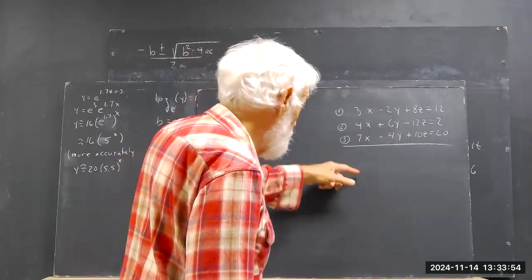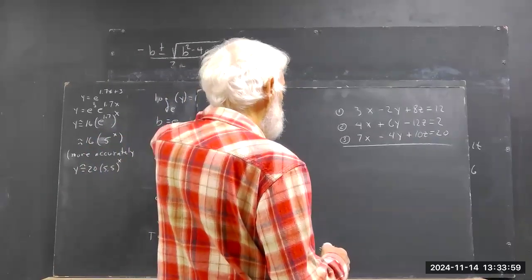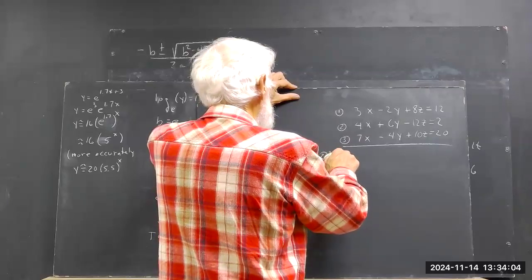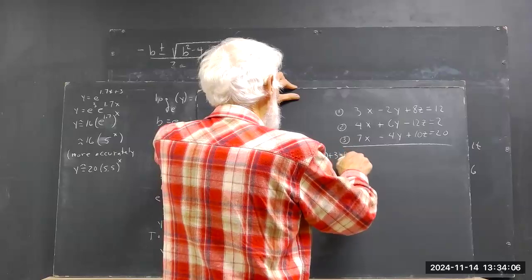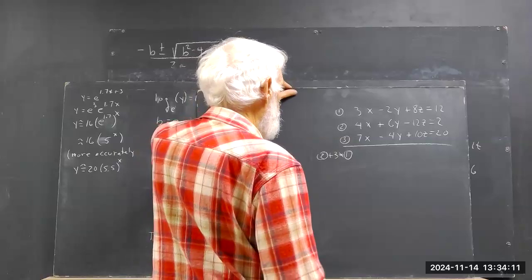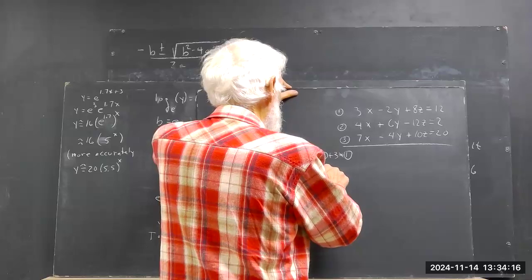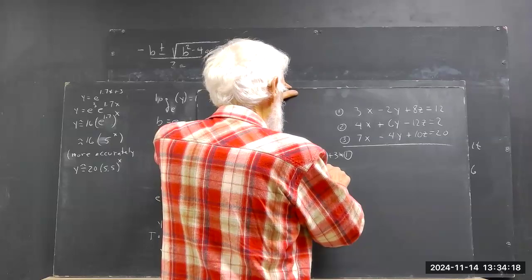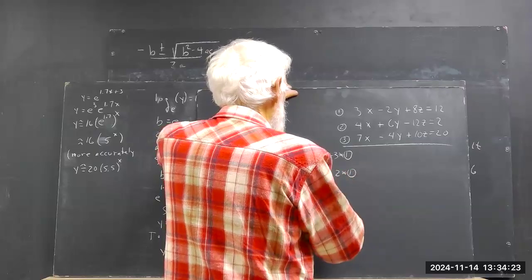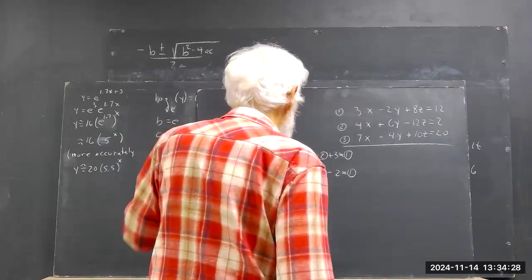I'm gonna write two equations under here. I'm gonna write equation two plus 3 times equation one. And equation three minus 2 times equation one.